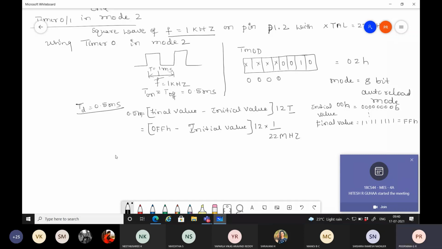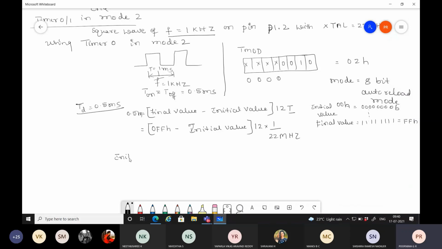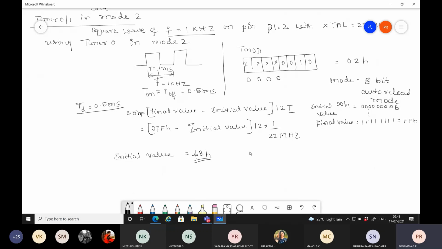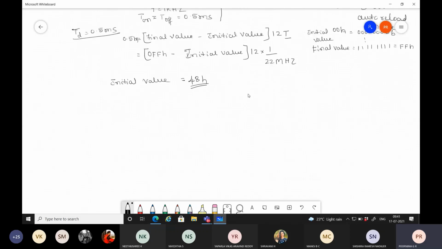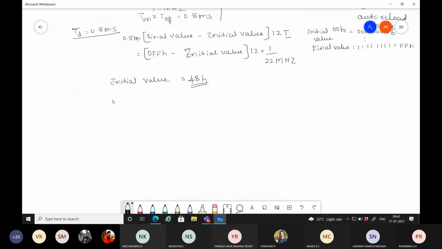The initial value when it is computed is equal to 48H. So now this will be for 0.5 milliseconds. So now that has to be repeated 2 times. Please students, you calculate that initial value and cross verify from your side.